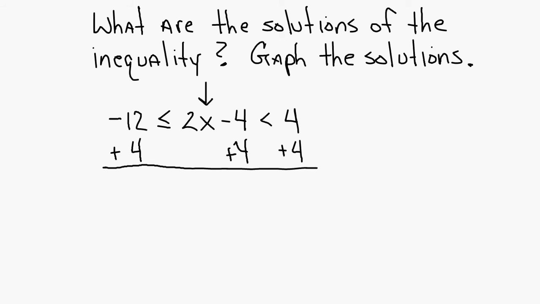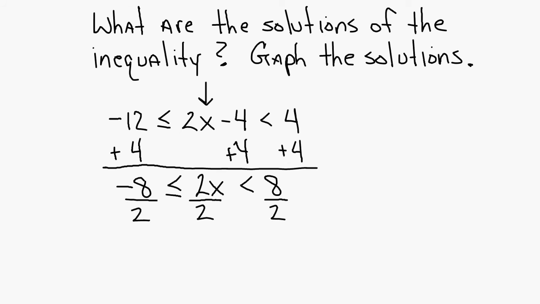So negative 12 plus 4 is negative 8, is less than or equal to 2x, which is less than 4 plus 4 is 8. The next step here would be to divide everything by 2. The middle, the right, and the left.